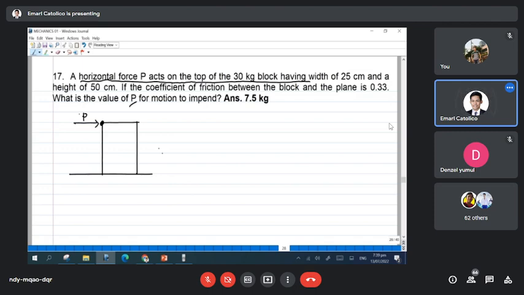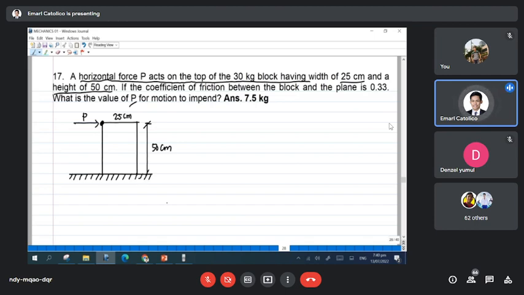Okay. Having 25 cm width, so 25 cm, and height of 50 cm. Okay. So if the coefficient of friction between the block and the plane, so ito yung plane mo, no? So rigid plane yan. Okay?